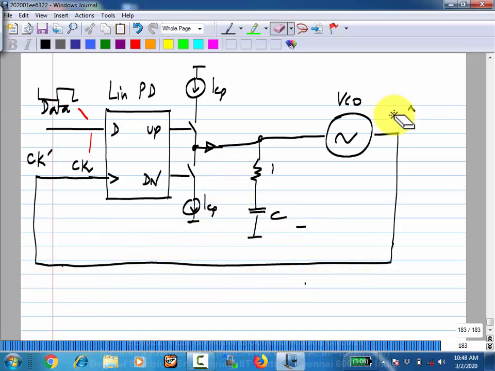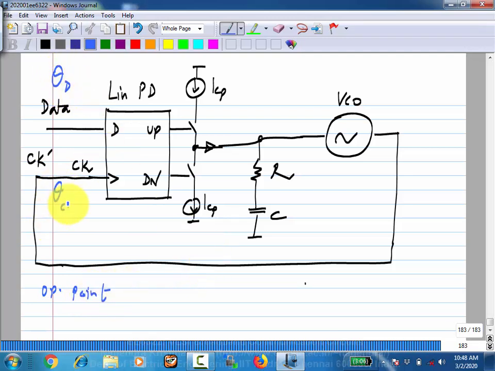So at the operating point, let's say I'll call this theta d and this theta ck, and then you have some V control. Now this theta d and theta ck are such that, by definition, the clock edges will be in the middle of the data.